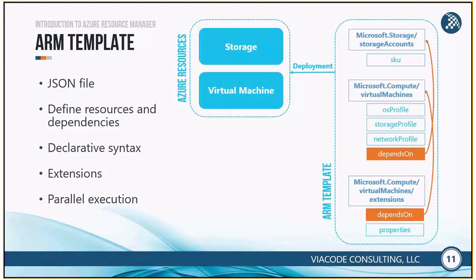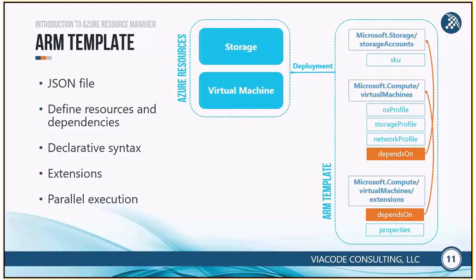And finally, we can see an extension resource, which depends on the virtual machine deployment. By the way, the dependsOn property is used here to orchestrate the order of the deployment, and the extension resource type is applied to configure the deployed resources.